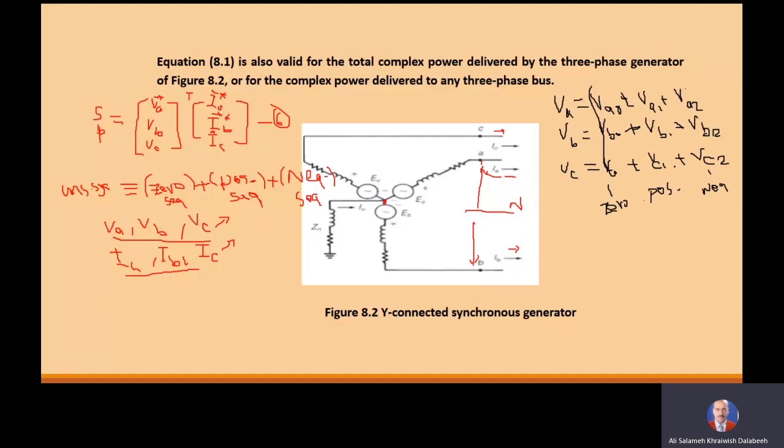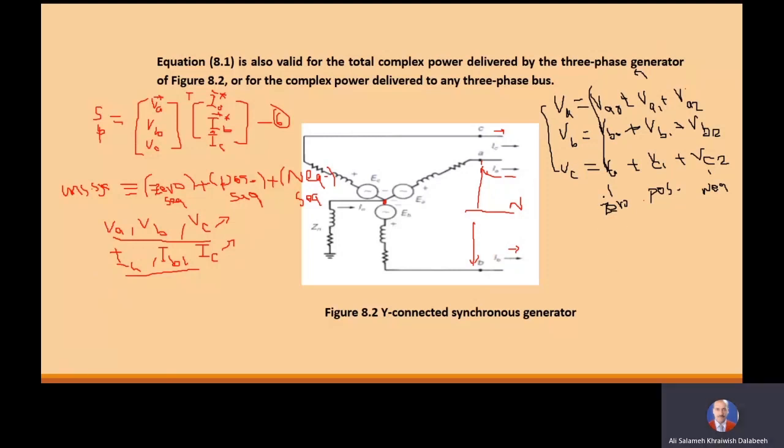But the difference between the positive and the negative is that the positive voltages rotate the same as the original system rotates. While in the negative system, these voltages rotate in the opposite direction to the rotation of the original system.